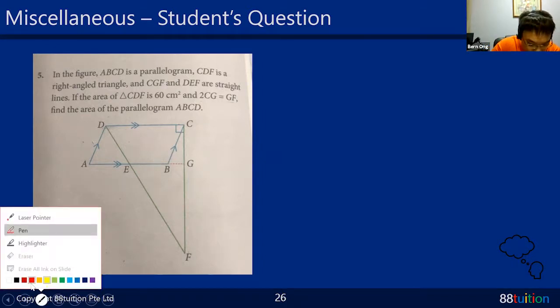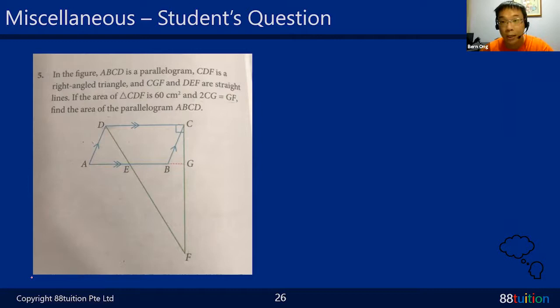So what's the meaning of 2CG? It means that inside GF, the length of GF consists of 2CG. So if CG is one of these circles, inside my GF there are two of these, one here and two here.